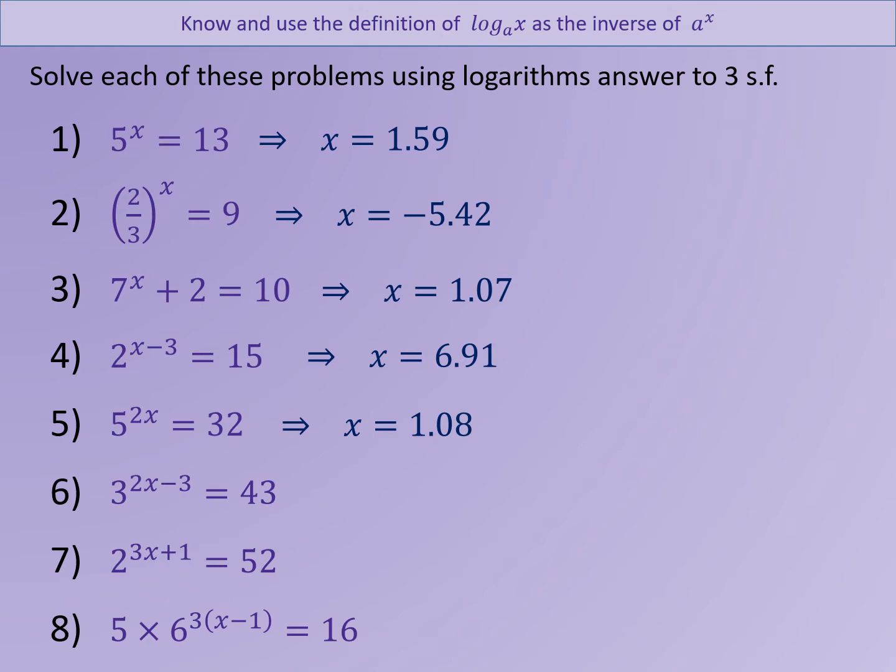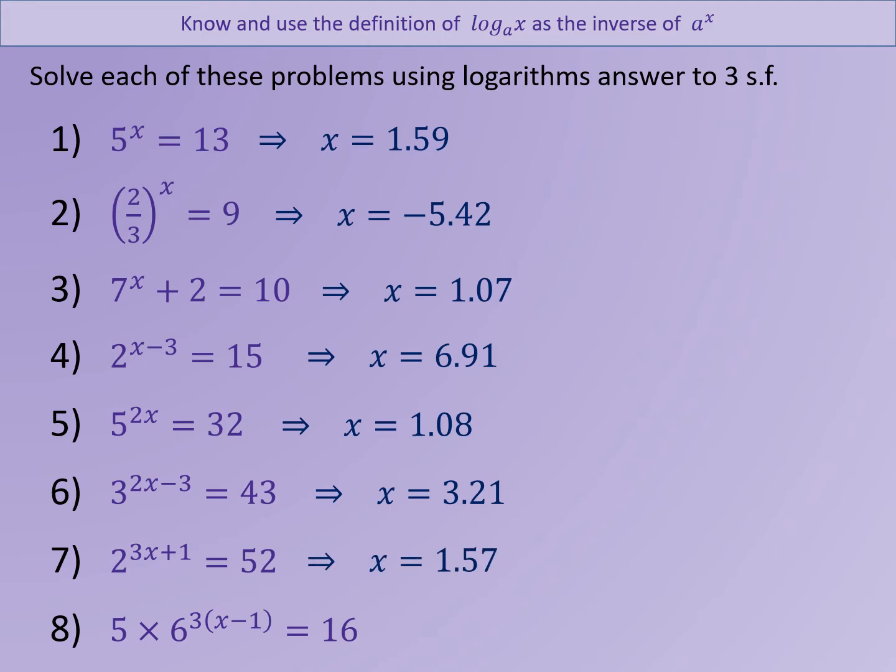Number 6, log to base 3 of 43 will equal 2x minus 3. And then if you rearrange the equation by adding 3 and dividing by 2, we get 3.21. Number 7, log to base 2 of 52 will equal 3x plus 1. And then we simply take away 1 and divide by 3 to get x, which will give us 1.57.